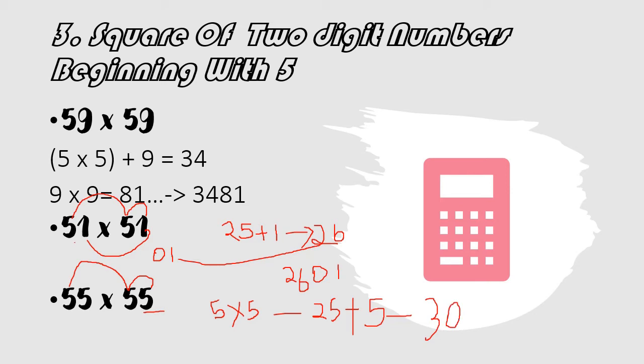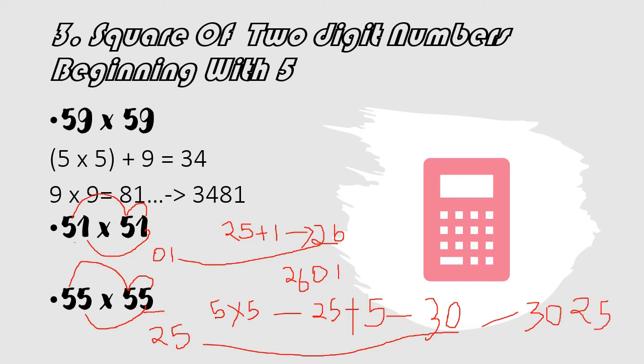The next step is to multiply the last two numbers, 5 into 5, which gives 25. Then just combine these two numbers, and you get 3025. It's just simple, 3025.